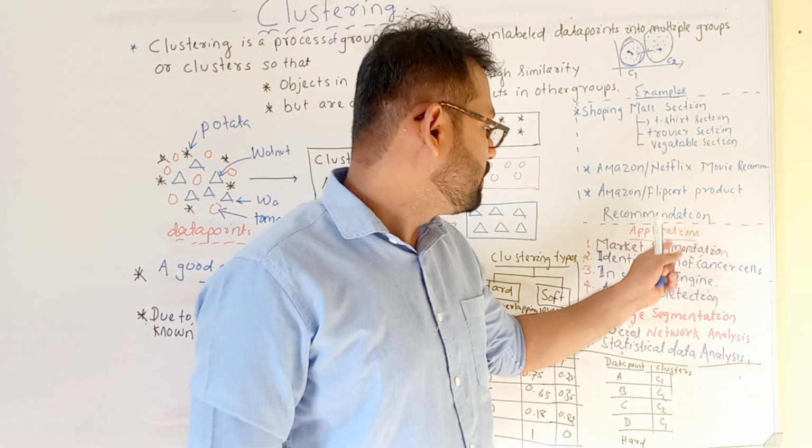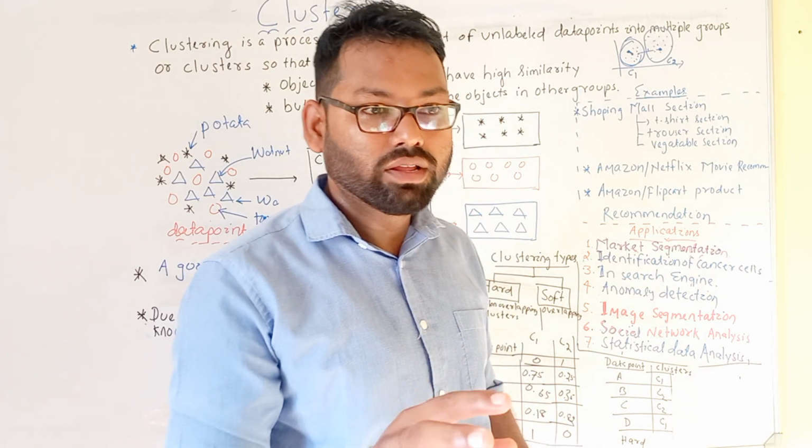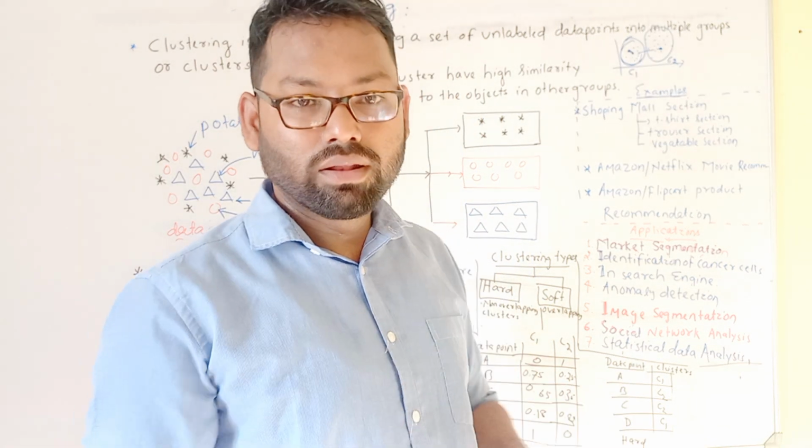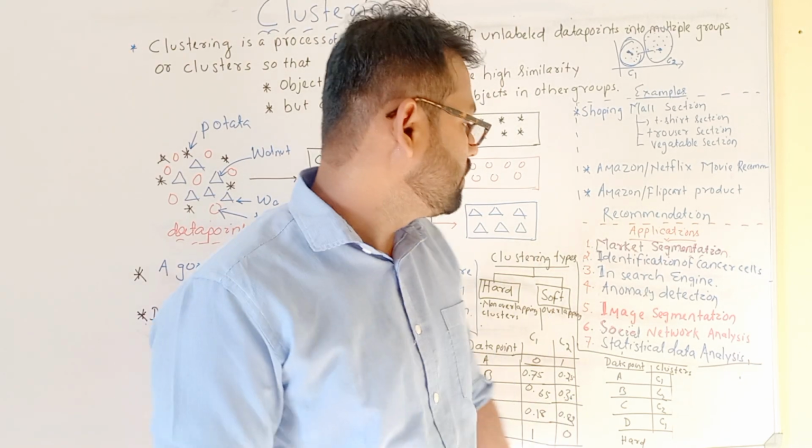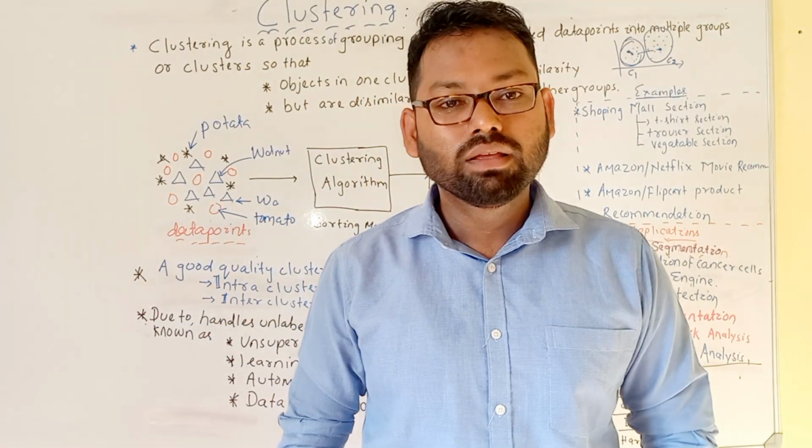Okay, so we have to divide the market and study what kind of customers are there, and accordingly they have to produce the product. Then identification of cancer cells in the body.